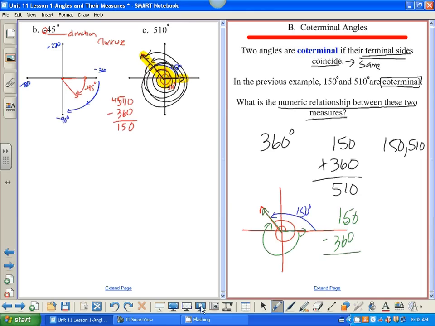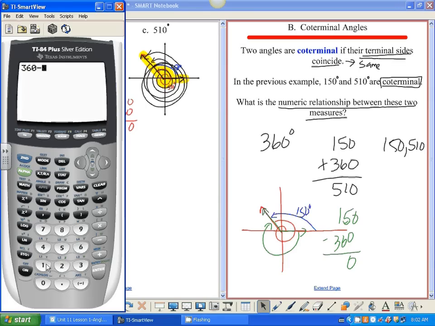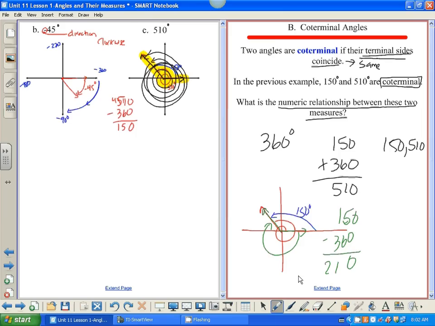I could be going in a negative direction, and if I take 360 and subtract 150, that gives me 210. So a negative 210 degree angle is also coterminal with 150 degrees, 510 degrees.